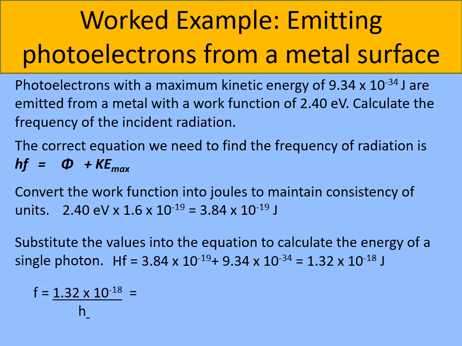Then we can rearrange our equation because we know Planck's constant and we know the value for the energy, so we can make f, the frequency, the subject. We get 1.32 times 10 to the power minus 18, divided by Planck's constant, which is 6.63 times 10 to the power minus 34, and we get an answer of 1.99 times 10 to the power 15 hertz.